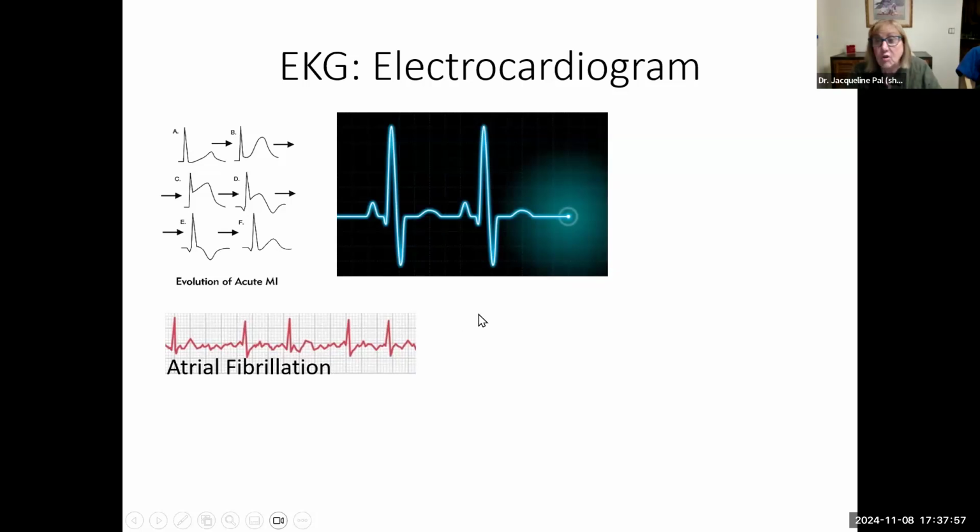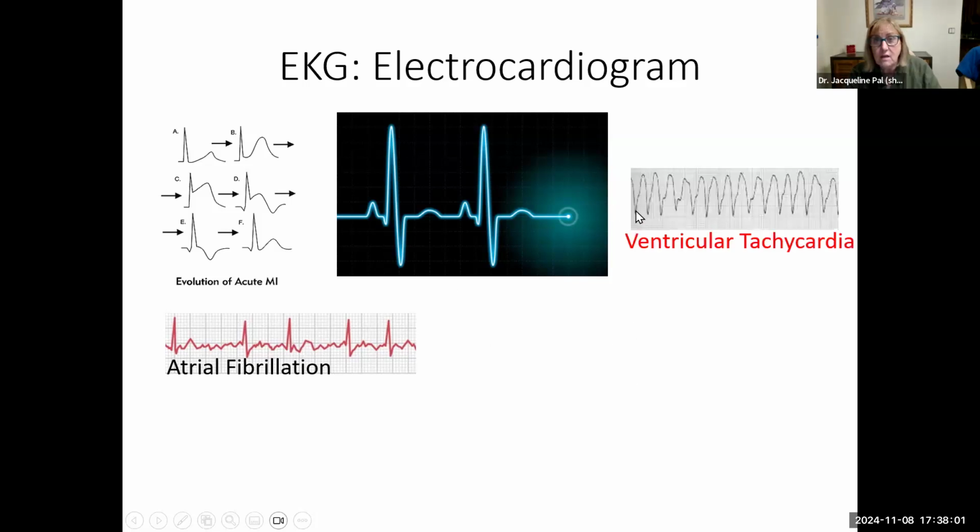Now, you may have heard of VTach, where the ventricles are contracting so fast that it's like 3 times the normal heart rate. Ventricular contractions are at 180 beats per minute. So there is no time for ventricular filling, and very little blood comes out.